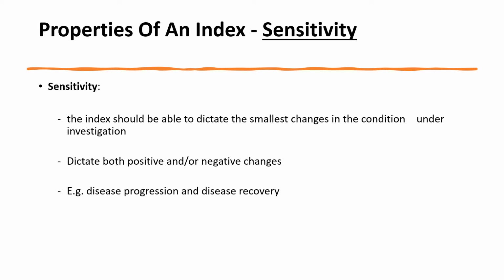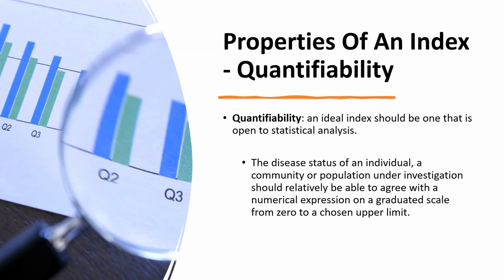Now that same index should be able to pick that reversal to say that, okay, this patient had an index of 0.5 before, now it is 0, or an index of 1.5 before, now it is 0.5, meaning that there is a reversal in the disease condition. So a sensitive index should be able to pick those changes in the direction of the disease.